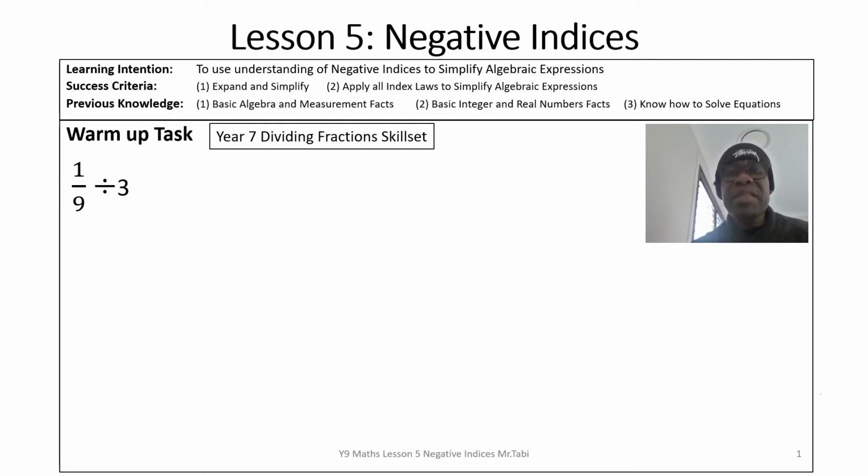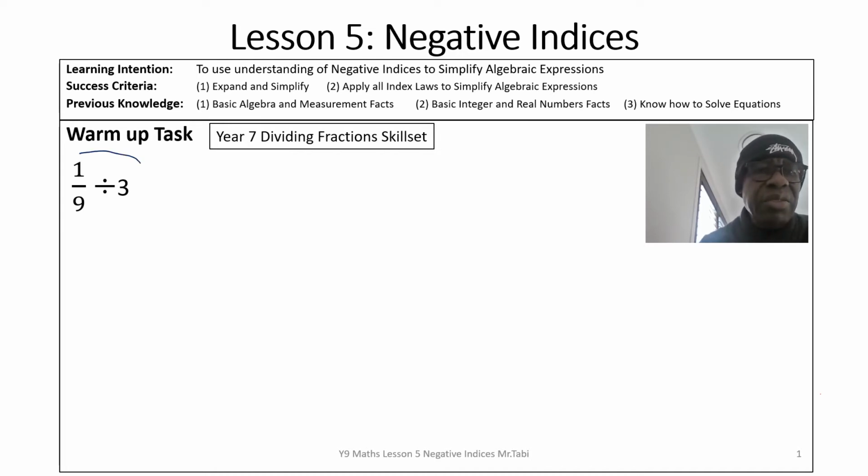This is a year 7 dividing fractions skill that would come in handy with today's lesson. So I have chosen as a warm-up task 1/9 divided by 3. Now in year 7 you would have learned 2 different strategies for dividing fractions by whole numbers or dividing fractions by fractions.